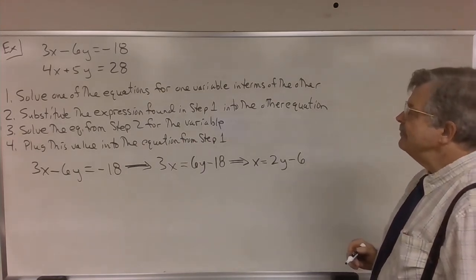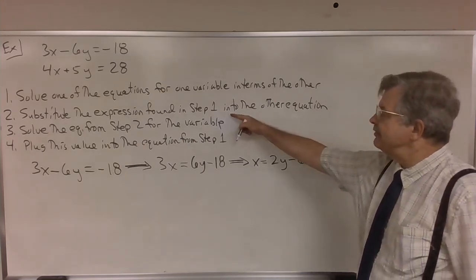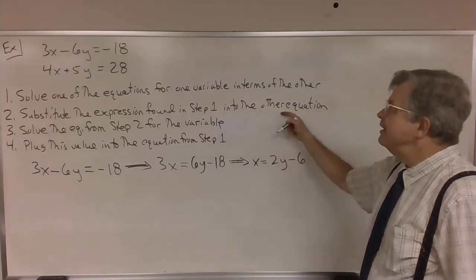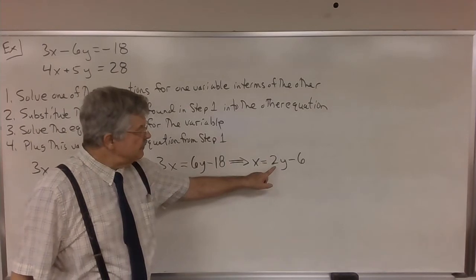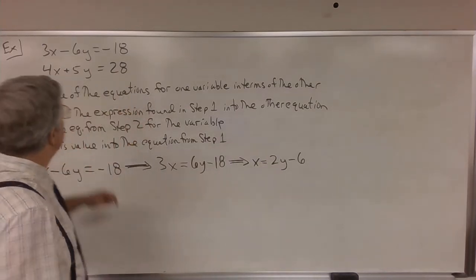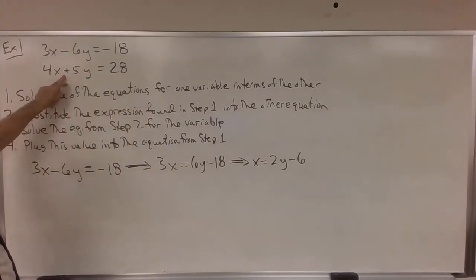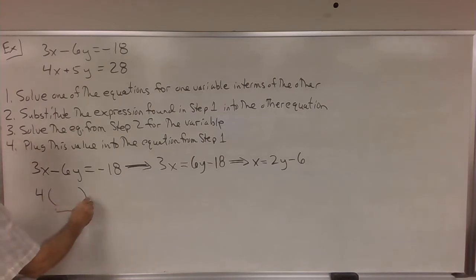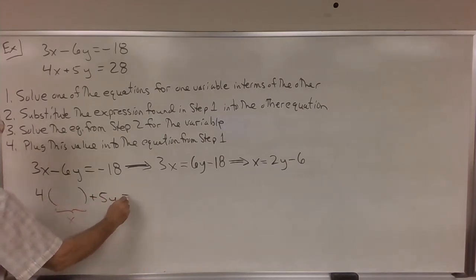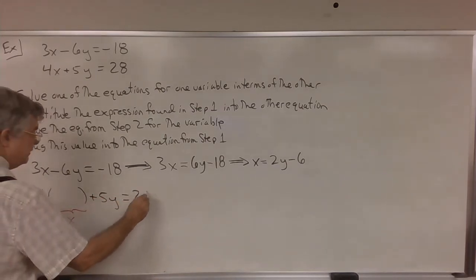Okay, now substitute this expression into the other equation. So I'm going to take this expression for x and plug it into this equation. I have 4x plus 5y equals 28.